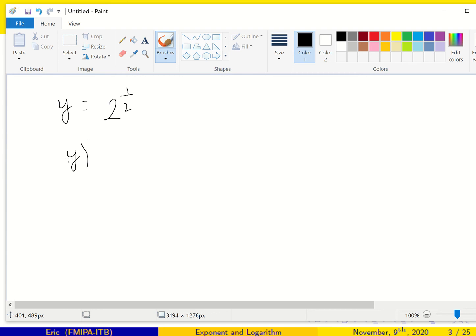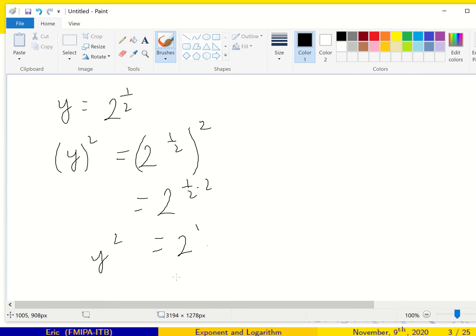If I square this, I have 2 to the power of a half times 2 to the power of a half. So I have 2 to the power of a half plus a half, and this is just 1. So I have y squared is 2. So y, don't forget, this is just positive, so I just look at the positive square root of 2.